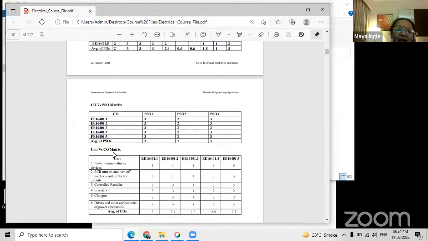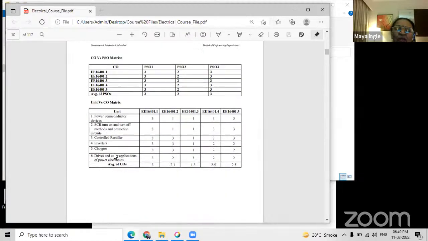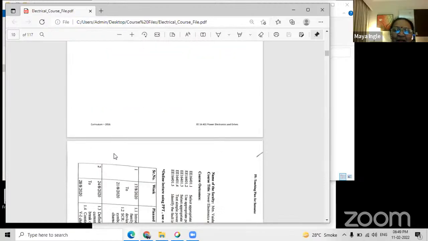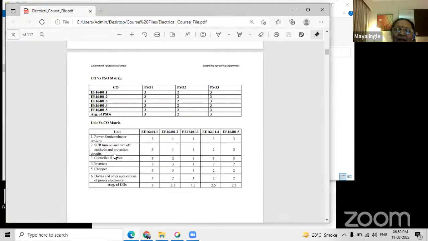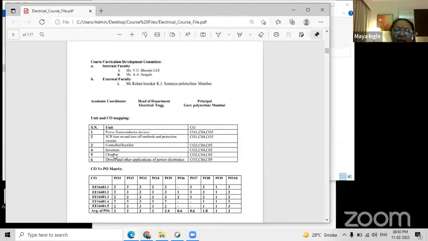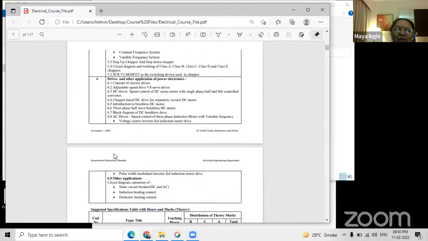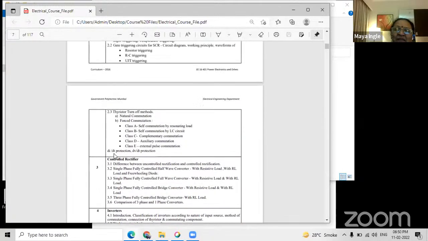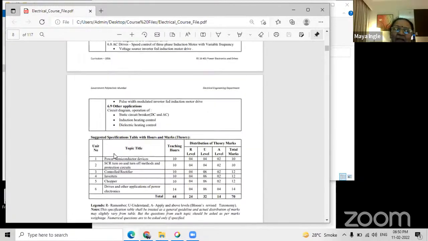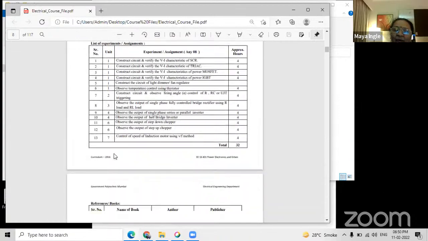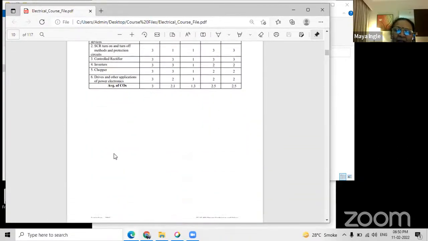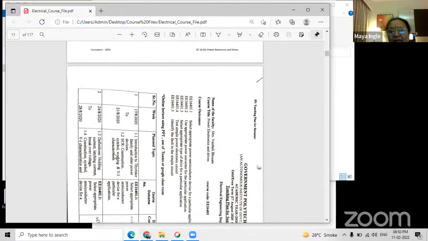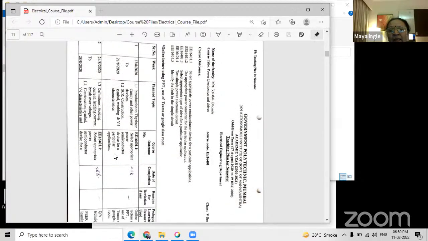Then the unit and CO matrix, unit wise also it has been listed. This portion you will see is all related to the syllabus. In detail, we have to include this information. Then the next point is the teaching plan.